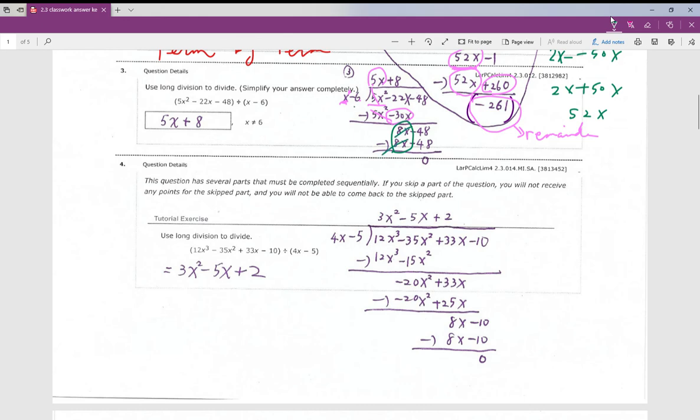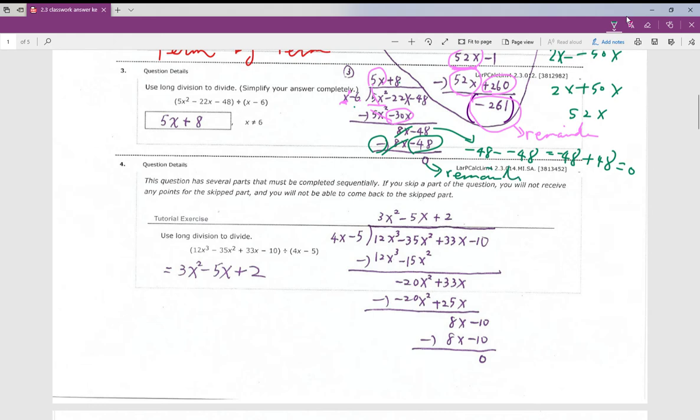So negative 6 times 8 is negative 48. Take away negative 48. So it means you have negative 48, take away negative 48, becomes negative 48 plus 48 equals 0. So your remainder is 0.